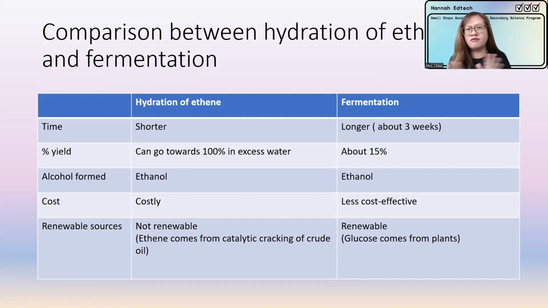It is non-renewable. Why? As I have mentioned earlier, ethenes come from the catalytic cracking of crude oil, and crude oil is a non-renewable source of energy. For fermentation, is renewable sources because the glucose comes from our plants, like our grapes and our sugarcane.